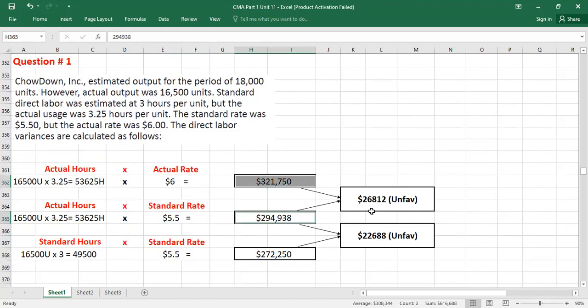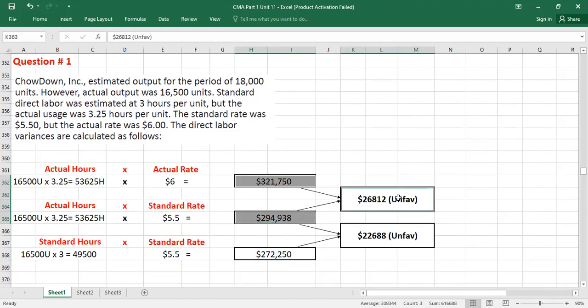The difference is $26,812, and it will be unfavorable. Why? Because the actual rate is higher than the standard rate. In other words, if the first line is higher and the second line is lower, this results in unfavorable variance.